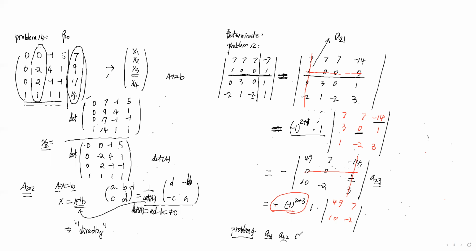A32 is negative. A33 is positive because adding the indices together gives an even number. A34 is negative. You don't have to memorize that. Instead of spending time memorizing, use my method. The sign comes from this number. Clear?